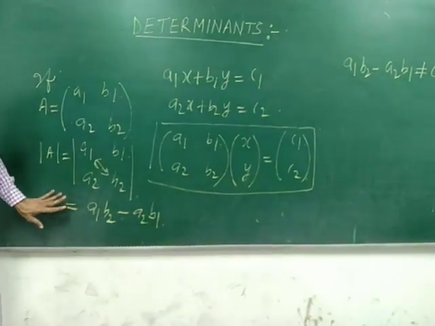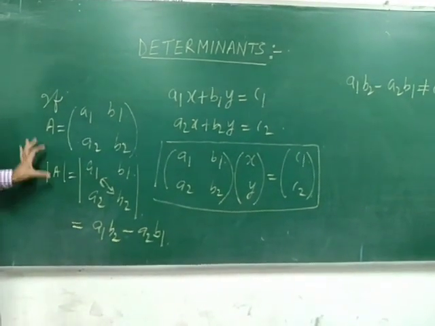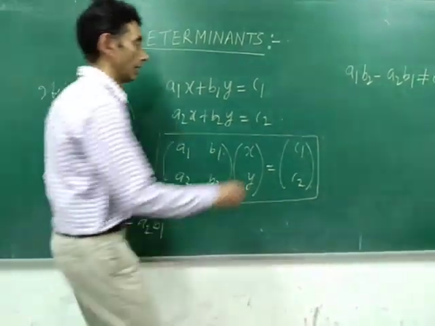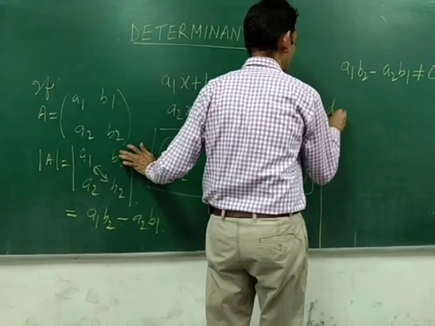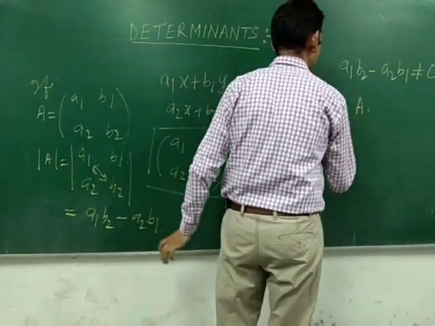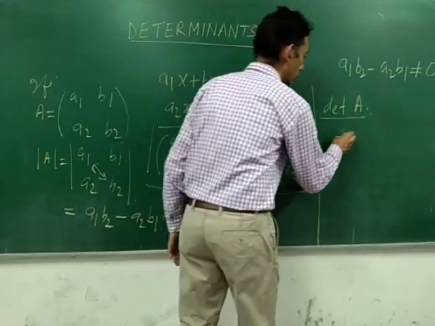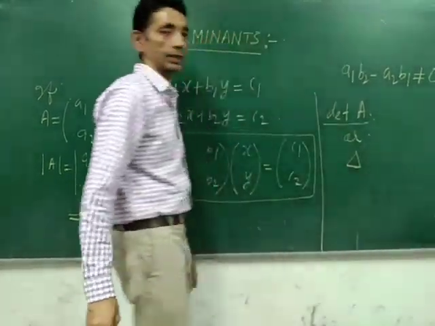Now, can we express the determinant with the help of another form or not? This determinant has other symbols as well, so we can write it in short form as the determinant of A, or we can express it with the help of the symbol delta.